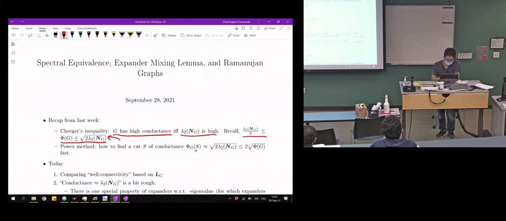And we show how to find such a cut S that has conductance at most this, or approximately this. In class, we show how to get something like this bound. So this is a good approximation if phi is not too small. Otherwise, it's not too good.